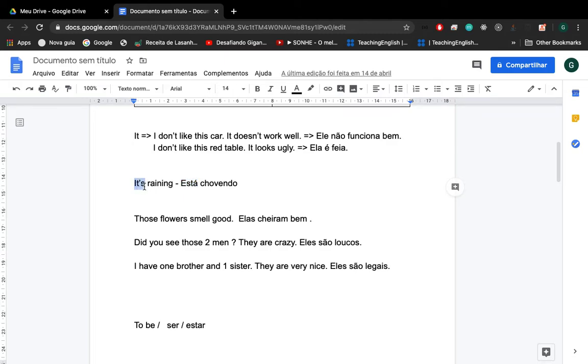So "it's raining" in Portuguese is "está chovendo." Está refers to the verb "to be." Don't worry about this verb because we're going to be learning vocabulary and a lot of stuff throughout the course.